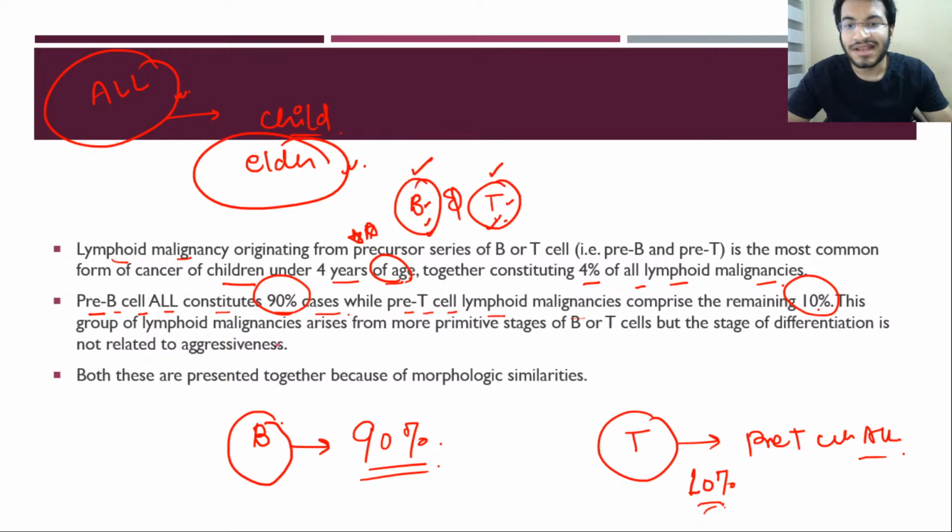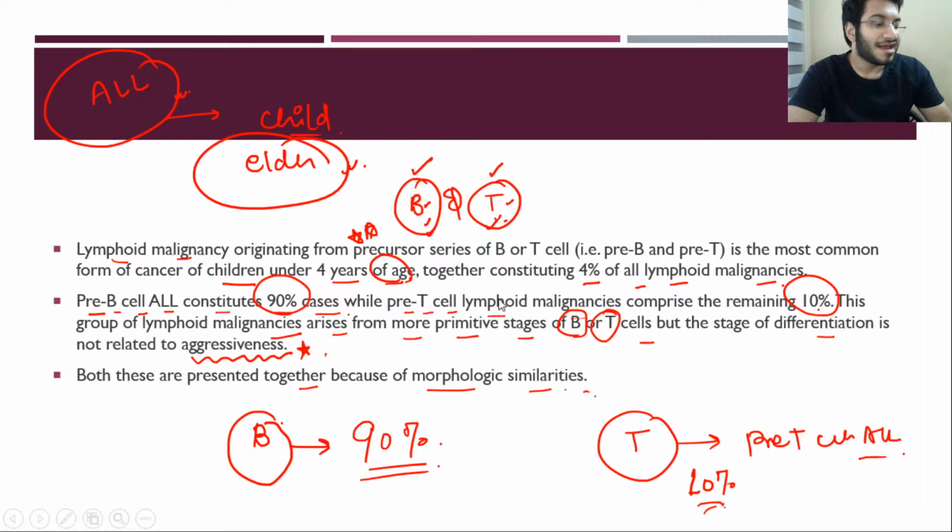This group of lymphoid malignancies arises from the more primitive stages of B or T cells, but the stage of differentiation is not related to aggressiveness. Both these are presented together because of the morphological similarities. Earlier, if it was due to B cell, we would call it by some other name, and if due to T cell, by another name.